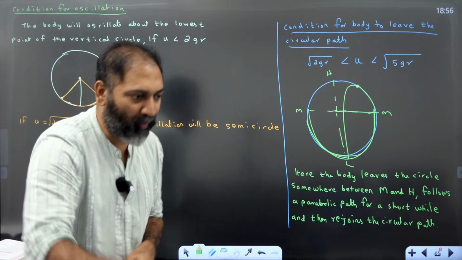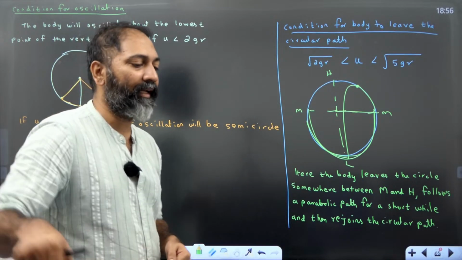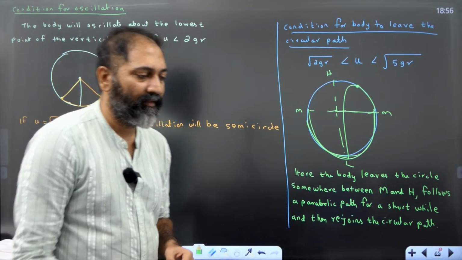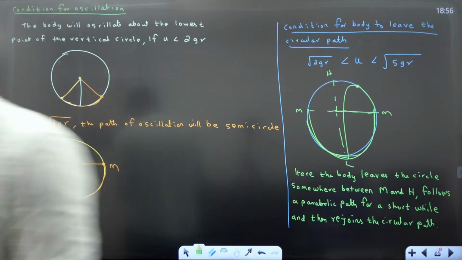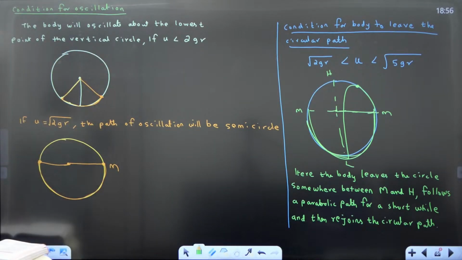Then what? It won't stop suddenly. For a certain time again it will oscillate. About the main question: oscillate means not in a full circle. Clear?